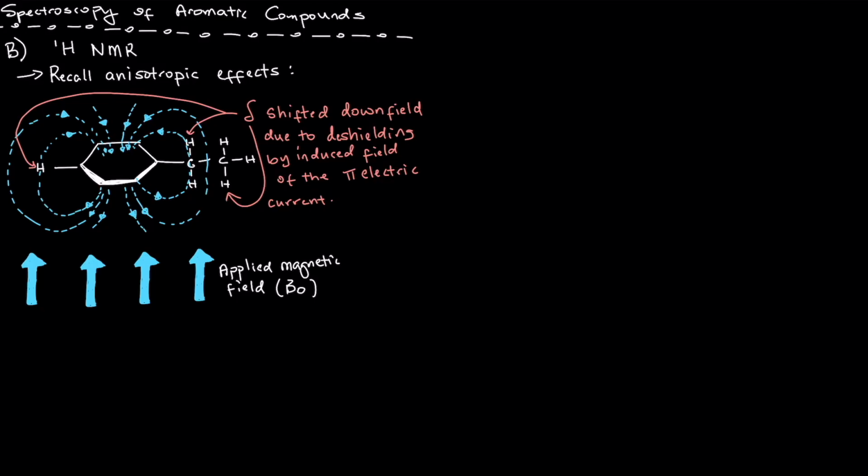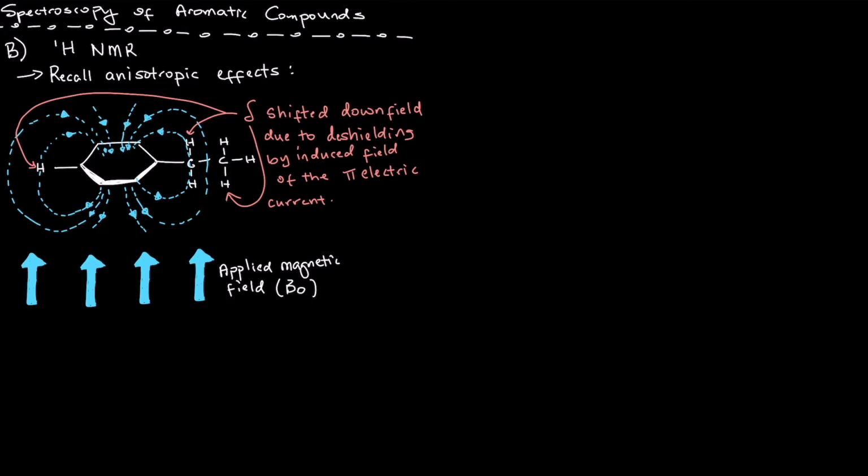So think about your benzene ring. There's a circular current of electron density above and below that ring, and that would cause an induced magnetic field. So if a proton is placed in a location where the direction of your induced field is in the same direction as your magnetic field, there will be a further de-shielding effect on those protons, and it will shift the proton chemical shift downfield.